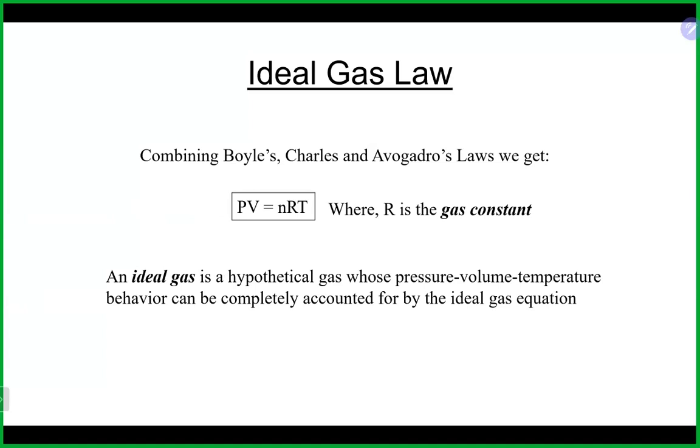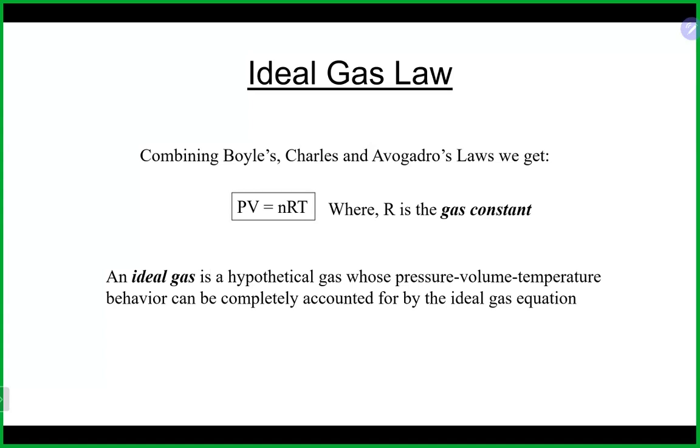The second important aspect that makes something an ideal gas is, in an ideal gas situation, you could have multiple gases in the same container, and we assume that there is no interaction between those gases. So they're in there ideally by themselves. You could almost think of them as being in that container by themselves.